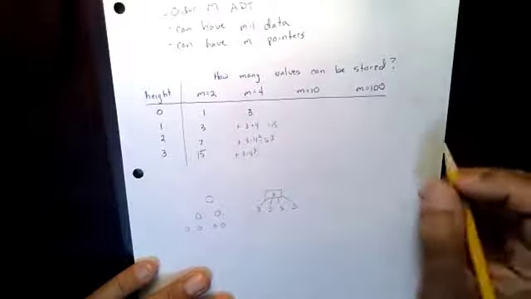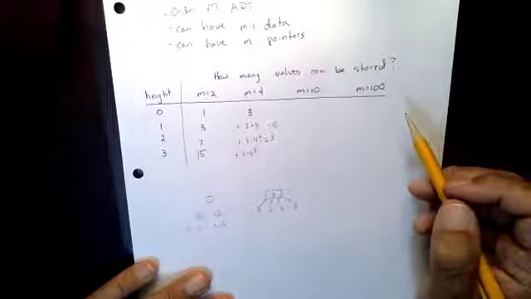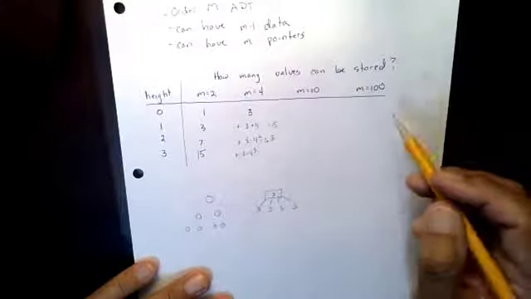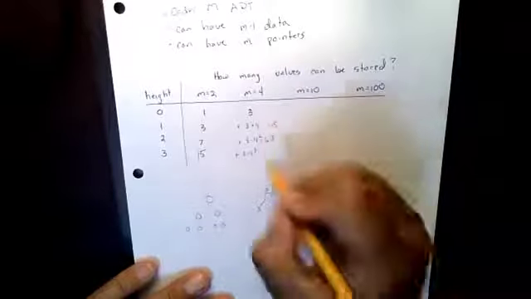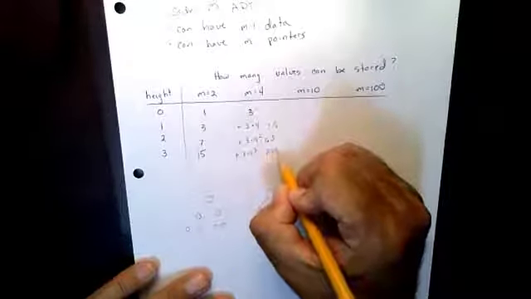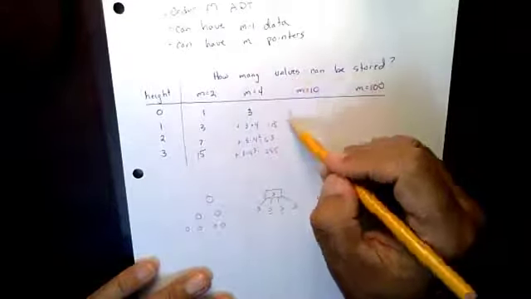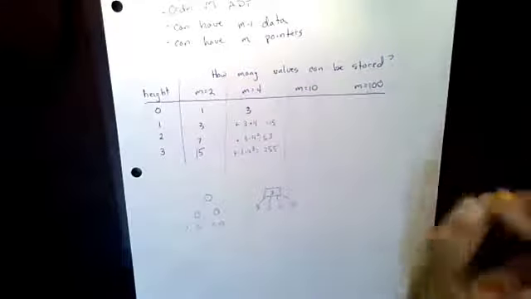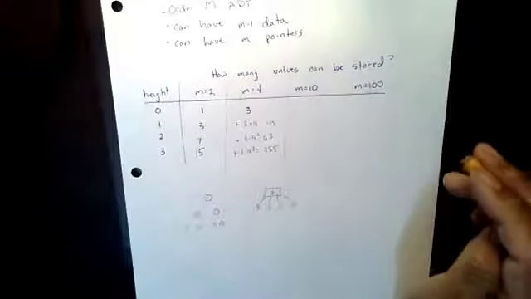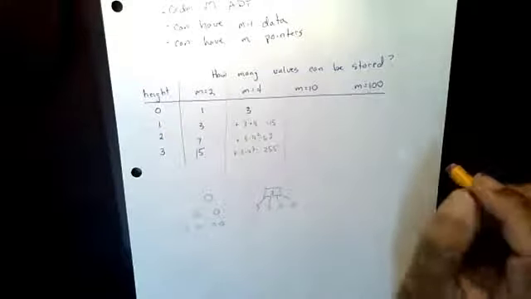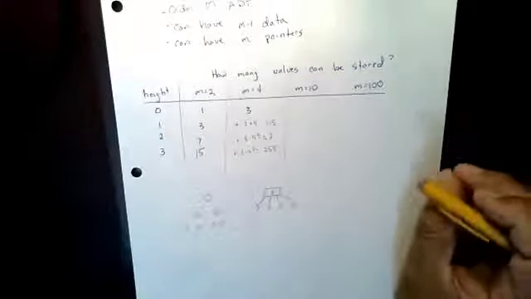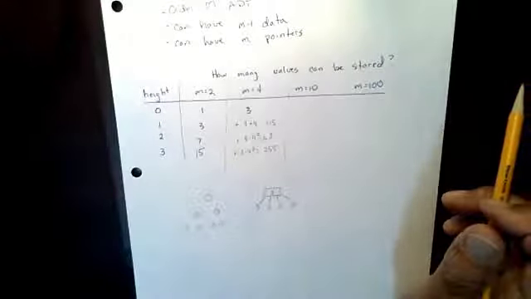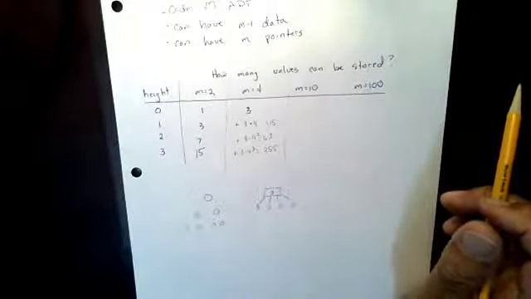What do you get? 255. Anybody else get 255?